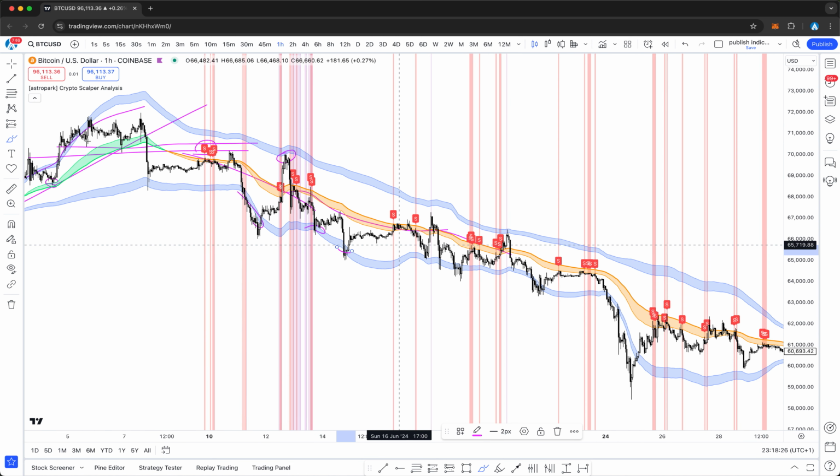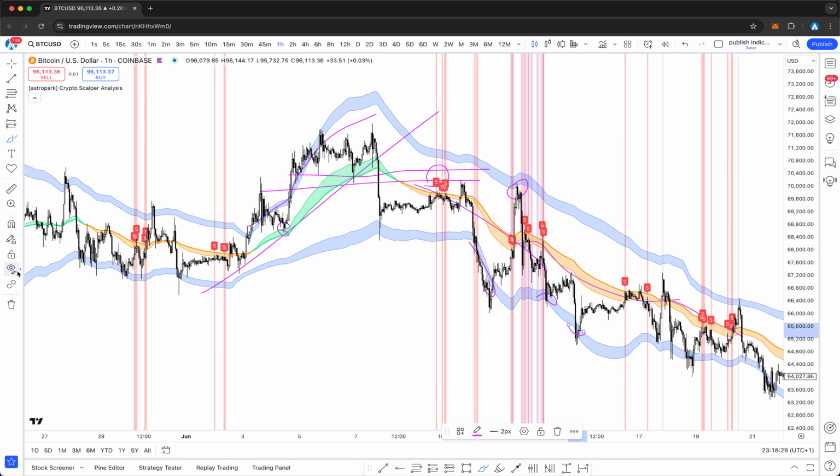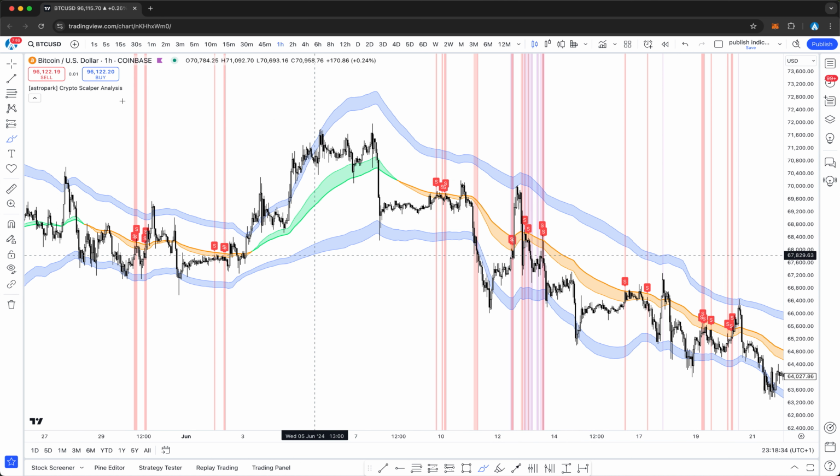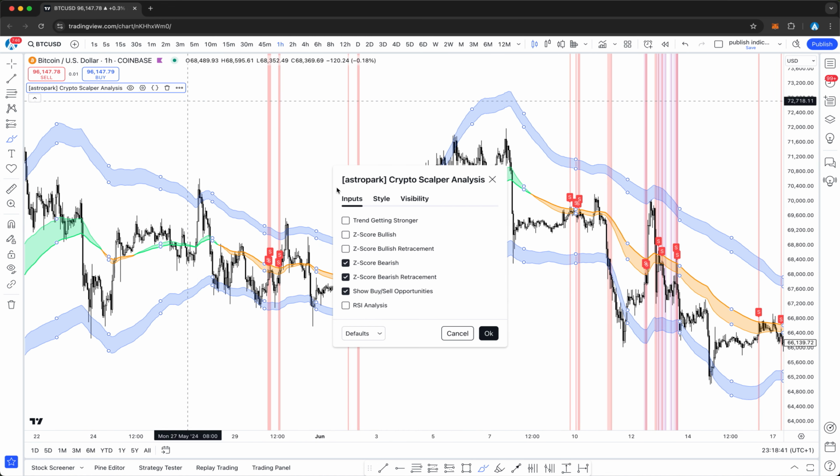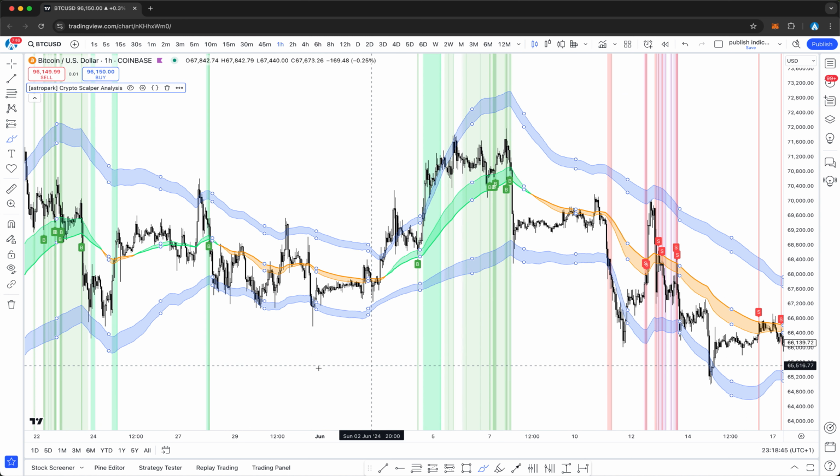When you are not on a trend, let's understand how you should trade, and how this indicator can help you in understanding if there is a trend or not. So let's enable everything.